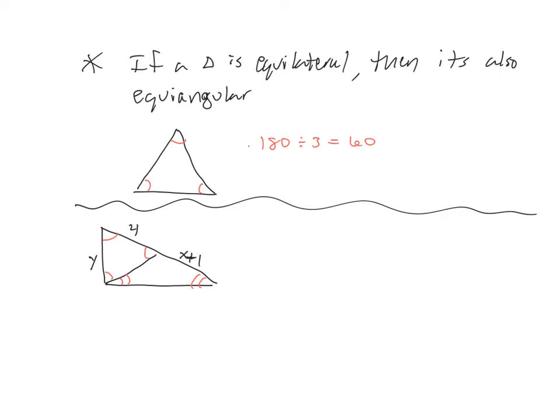Okay, so when I look at this problem, the first thing I notice is in this triangle on the top left, all the angles are the same, so therefore all the sides are the same, therefore y equals 4. So it also means that this side equals 4.